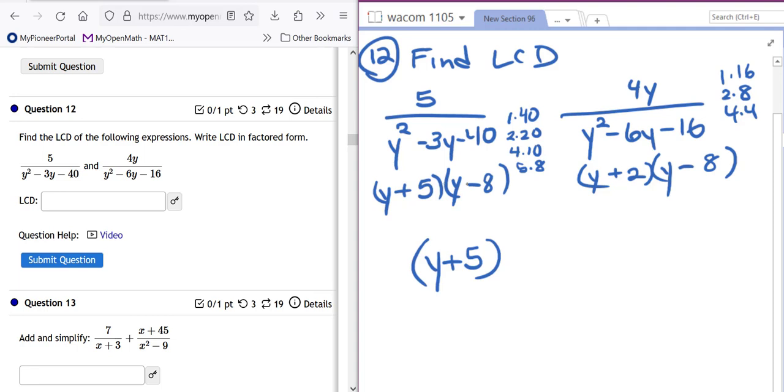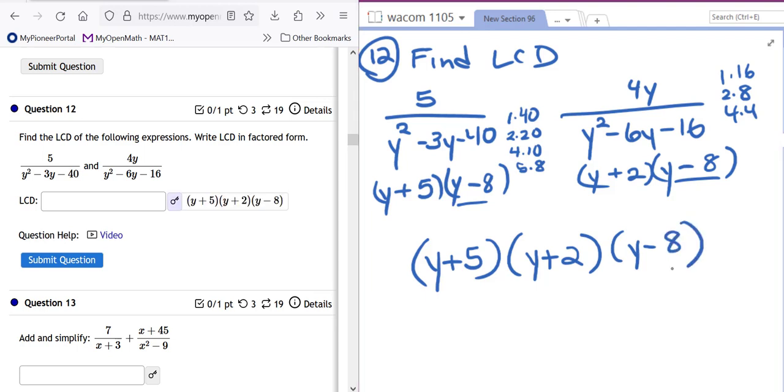It only occurs once in either fraction. Now, you see the y minus 8 in each one, but you're only going to take it one time, because that's all it occurs in either one fraction. So you don't need both of those. And that is our common denominator. And you definitely want that in factored form.